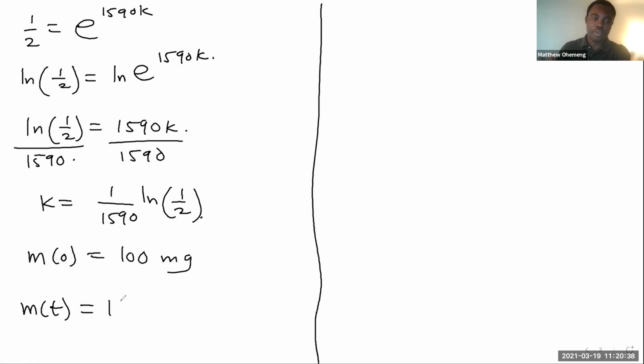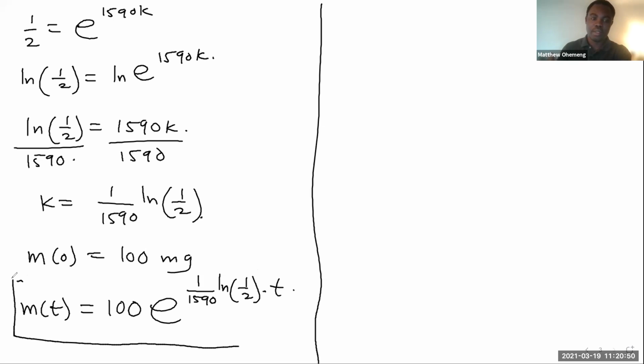That's m of 0, which is 100, times e to the k, where k is 1 over 1590 ln of 1 over 2, times t. You can also simplify this in another way, but simplification is not the goal. This will do just fine.